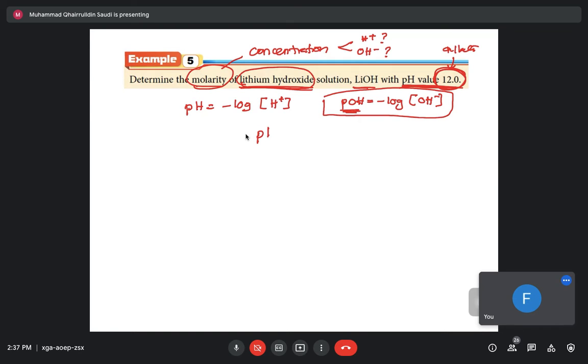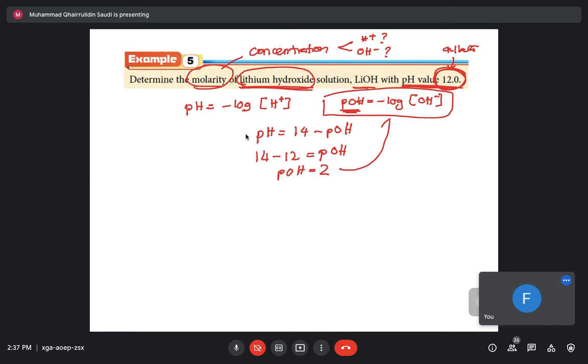So pH is equal to 14 minus pOH kan? So can you get pOH now? Boleh. So 14 minus 12 is pOH. So pOH is 2.